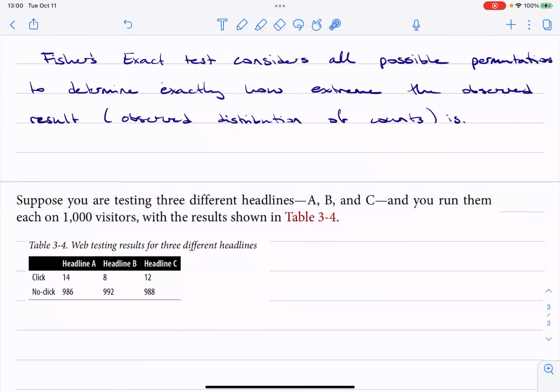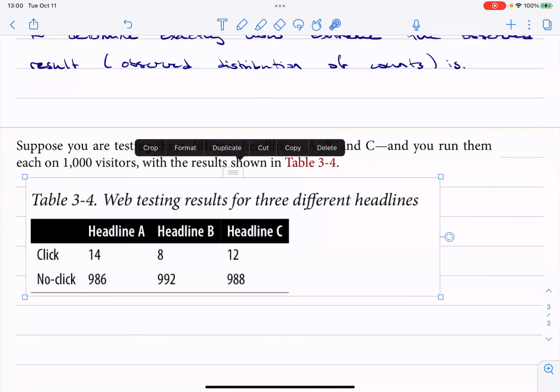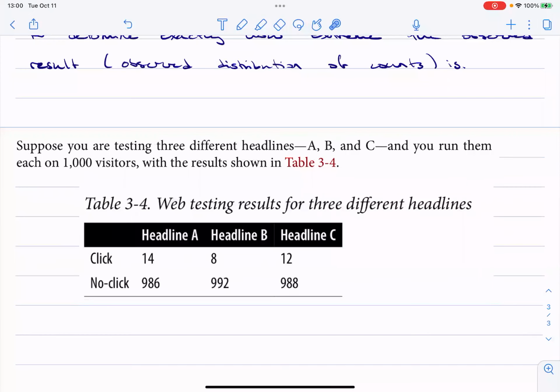Okay, so you're testing 3 different headlines, A, B, and C, and you run them on 1,000 visitors each. So of course, these are going to add to 3,000 overall.